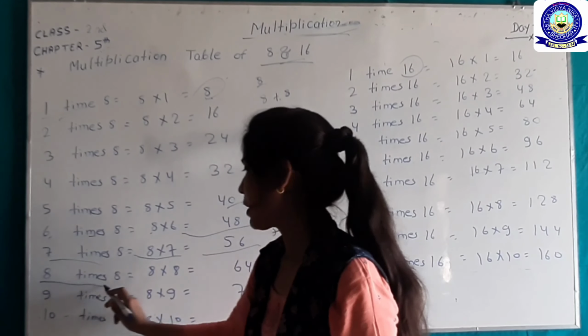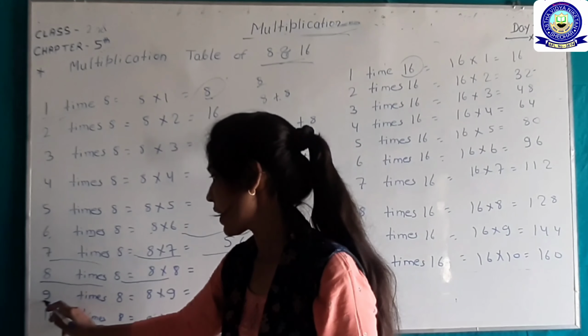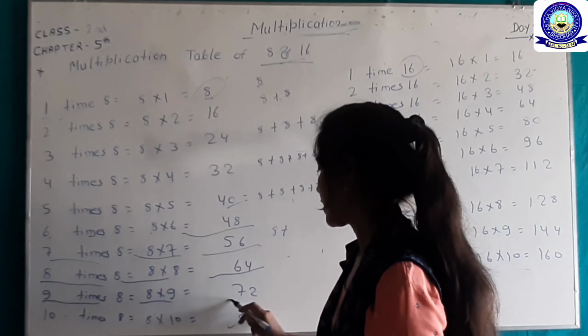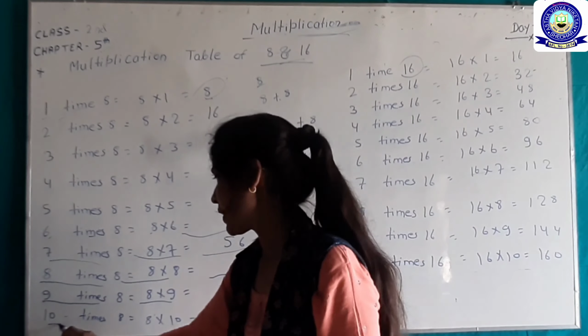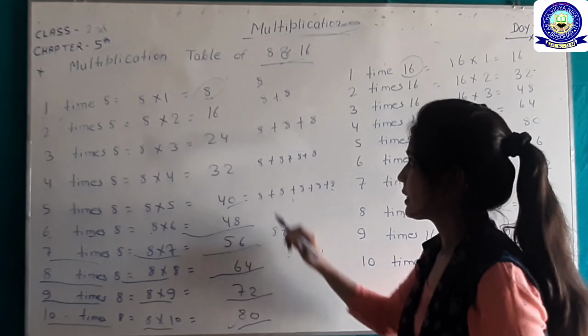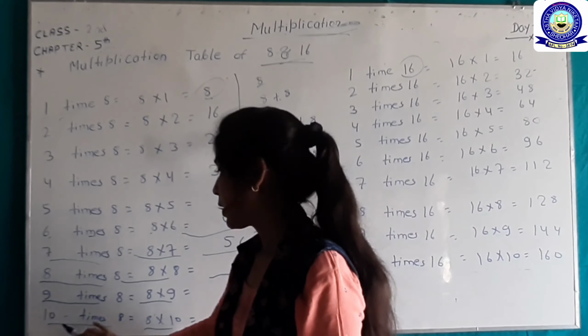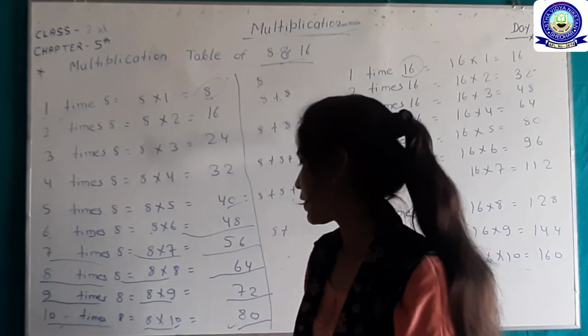When we write 8 times 8, we get 64. When we write 9 times 8, 8 into 9, we get 72. When we write 10 times 8, 8 into 10, we get 80. This is the table of 8 with the help of repeated addition or multiplication.